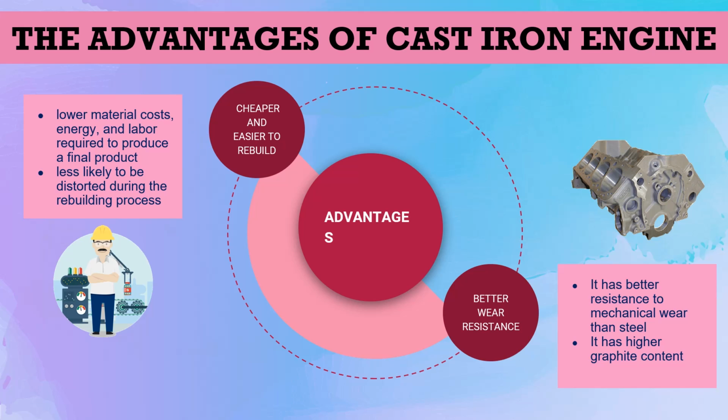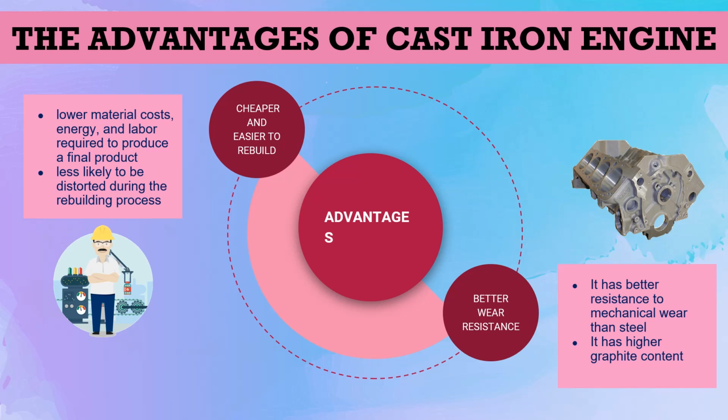Besides, cast iron has been used in industry for many years and is fairly easy to produce. Iron engine block is less likely to be distorted during the rebuilding process, which makes it easy to rebuild.